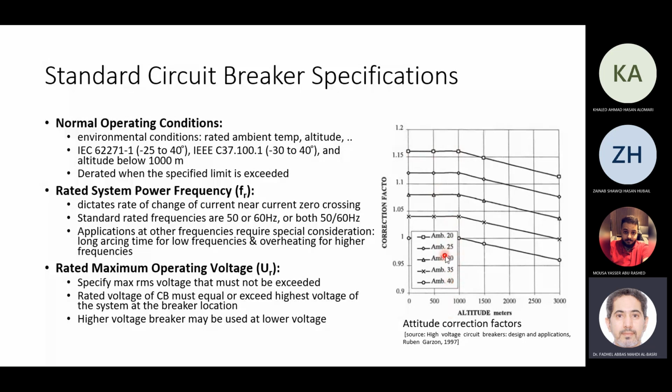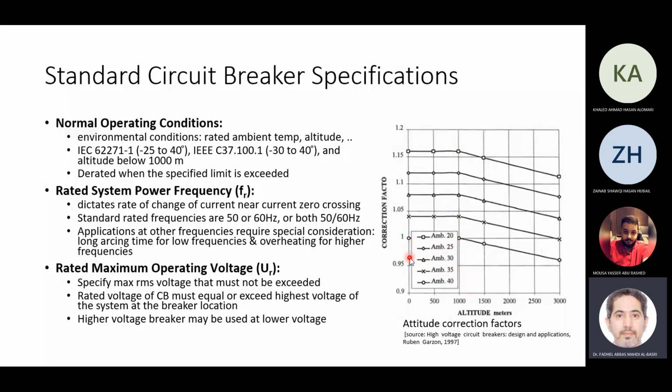Now, if the altitude is more than 1000, let's say 3000 and the temperature is 40, roughly 5% is reduced from its rating. So this is one factor you need to consider.